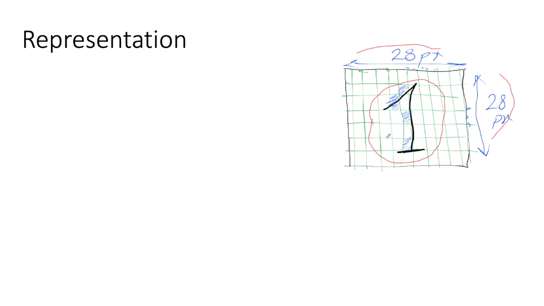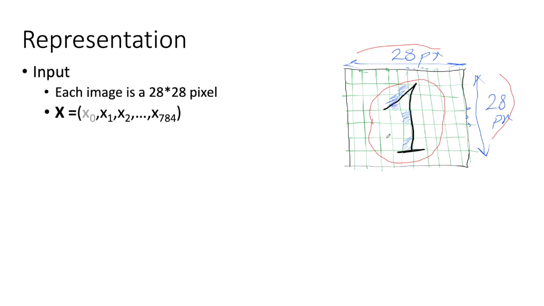What we are interested in is a way to input this representation in a vector format, so that later we can use it as an input to our model. Our input would be each of the images, in this case a handwritten digit 1.